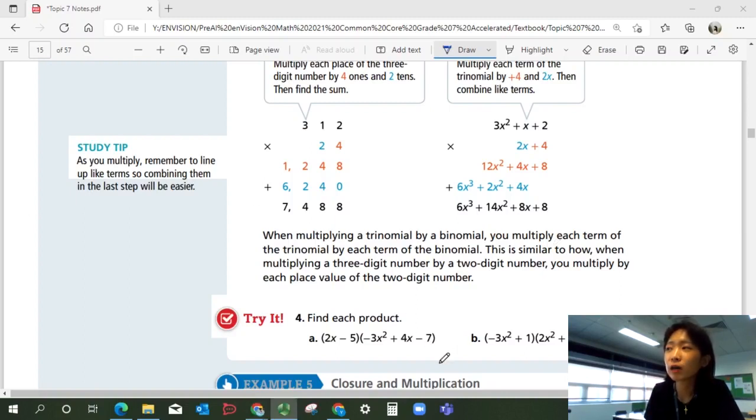So let's find each product for parts A and B here. Pause the video, come back when you're ready for answers. Okay, are you ready?